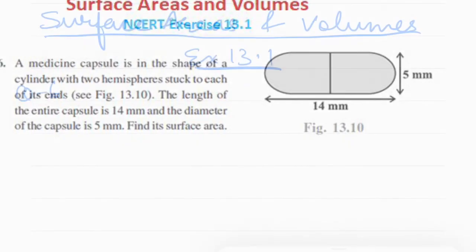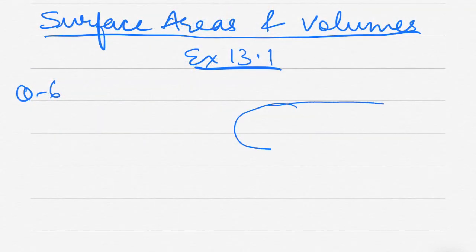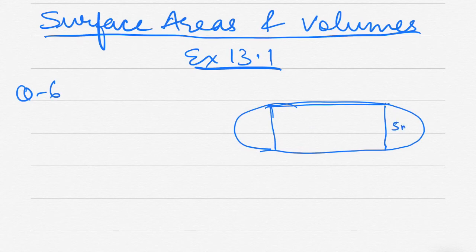The diagram says this is in the form of a capsule, and these are 2 hemispherical ends, and then we have a cylinder in the center. This diameter is 5 millimeter.